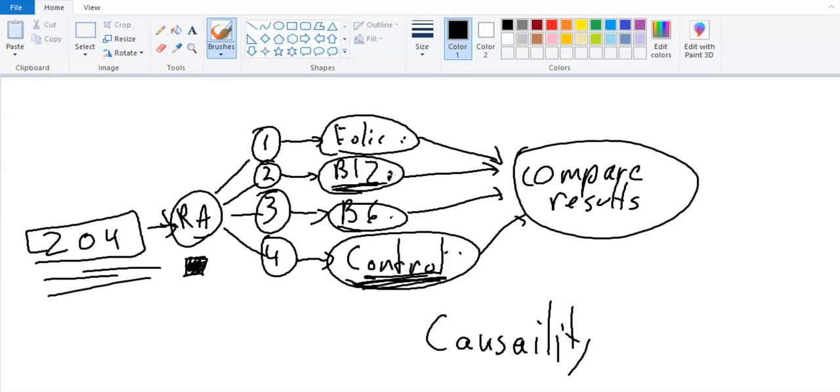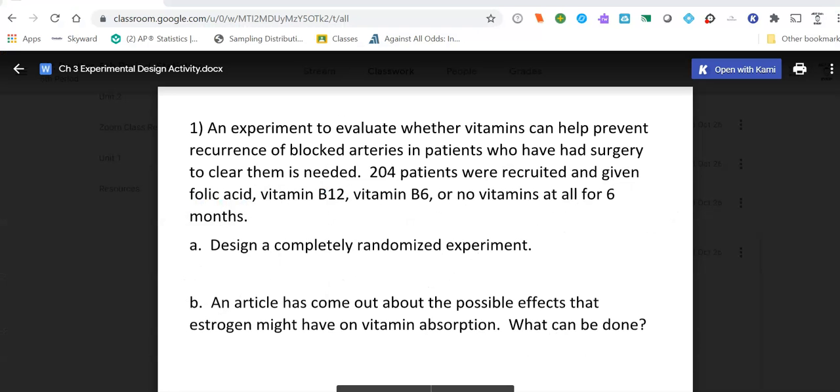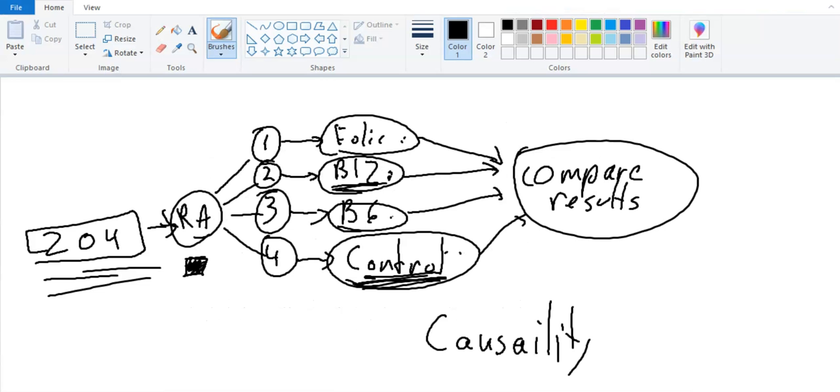Now, the second part of this question says an article has come out that says that there are possible effects estrogen might have on vitamin absorption. What can we do? Now, we've already used random assignment to sort of negate that, but if we already know for a fact that something might play an effect, then what we can do is something that we call blocking, right?